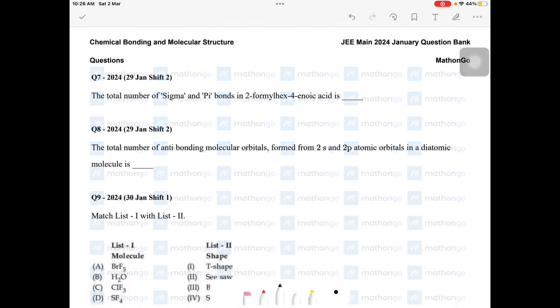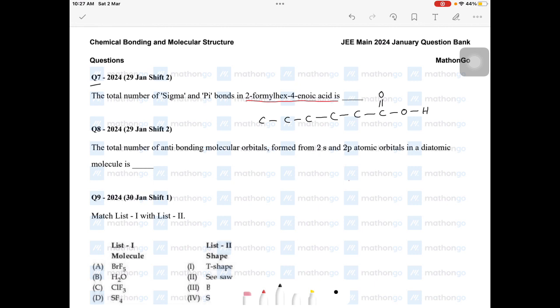Next question, question number 7. The total number of sigma and pi bonds present in 2-formyl hex-4-ene-oic acid. Take the structural formula. Hex: carbons 3, 4, 5, 6, with oic acid at the end.